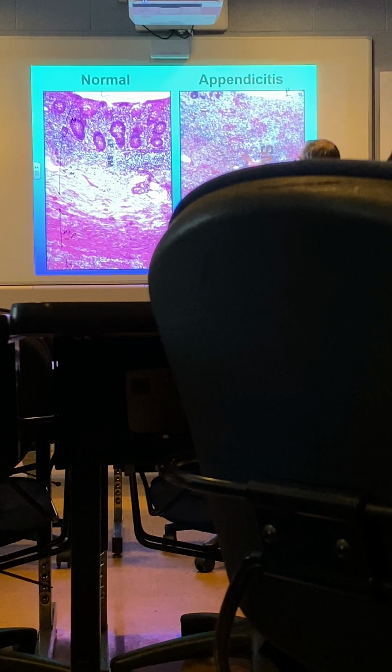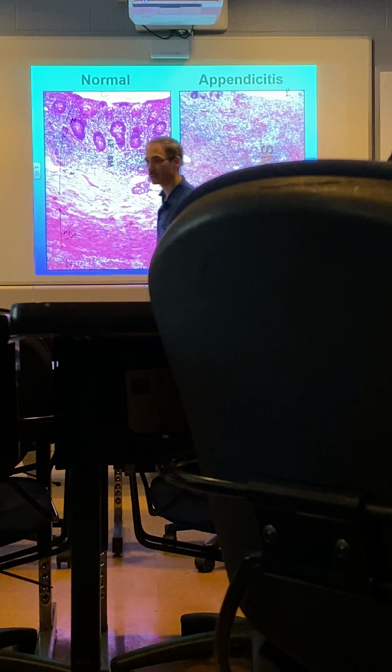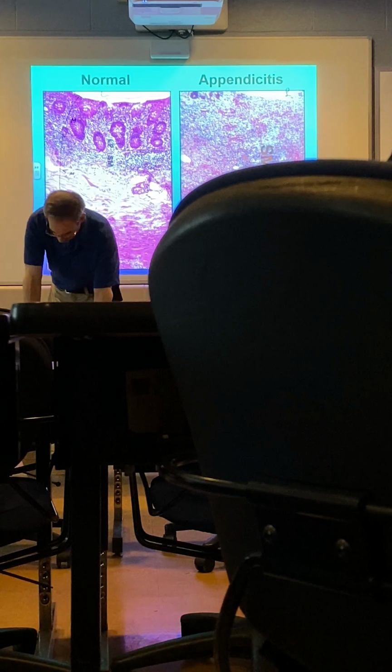Again, you can see blue inflammation here. Okay, that isn't necessarily abnormal, but if you look at the muscularis propria, you see you've got these aggregates of lymphoid follicles in the muscularis propria. That doesn't happen normally. So if I see that, that gives me the diagnosis of appendicitis, at least histologically.